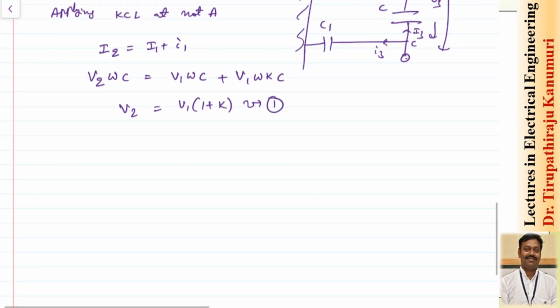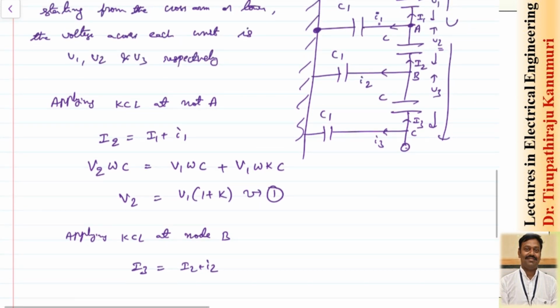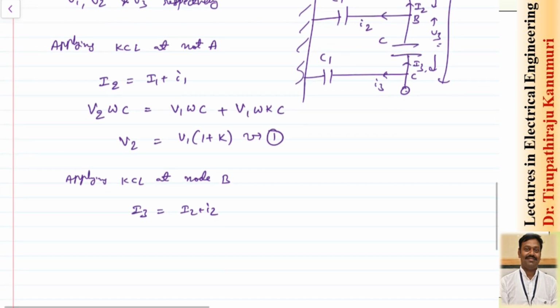Now, in a similar way, I am applying KCL at node B. When you apply the KCL at node B, we get I3 is equal to I2 plus small i2. I3 is producing the voltage of V3, so V3 into omega C is equal to the value of I2.